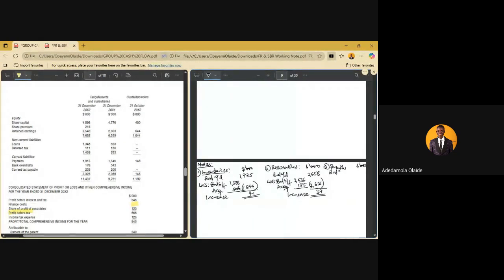Balance carried down is how much? 1915. Less balance brought forward, which is how much? 1546. And the one acquired, which is how much? 148.